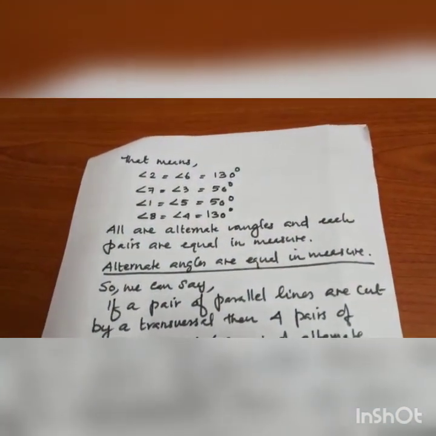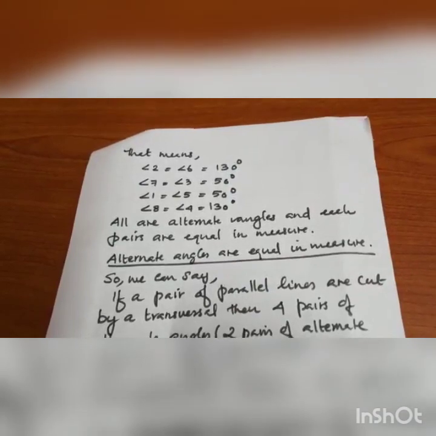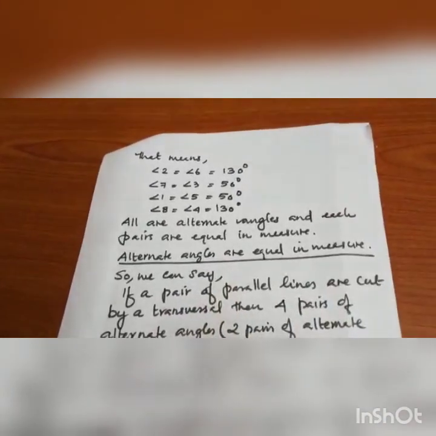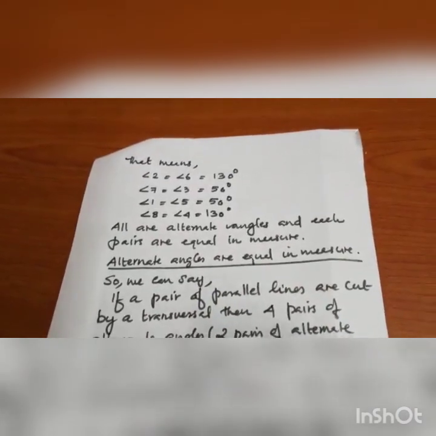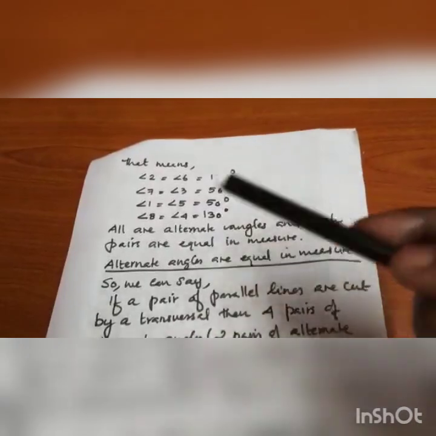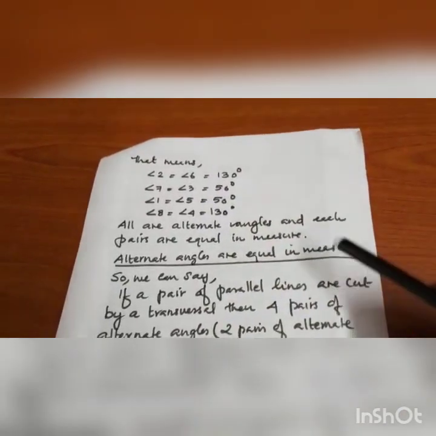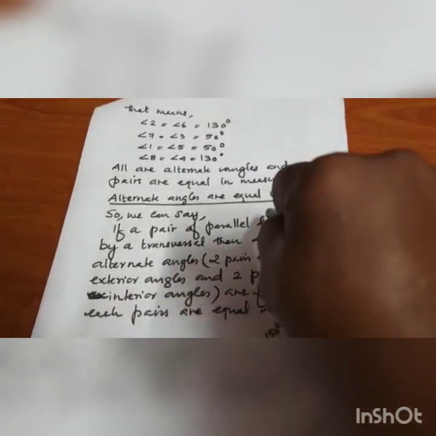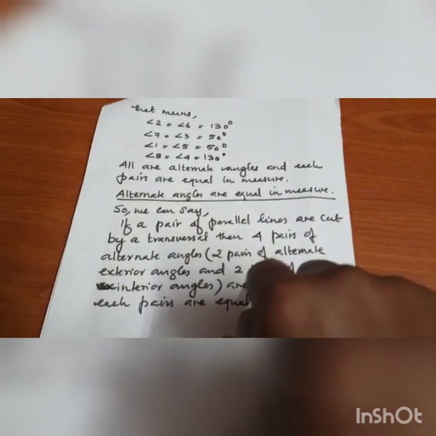Each pair of alternate angles are equal in measure. Among alternate angles, 2 pairs are alternate exterior and 2 pairs are alternate interior. Alternate exterior is outside the parallel lines and alternate interior is inside the parallel lines. So, listen very carefully to their positions. The positions are more important.